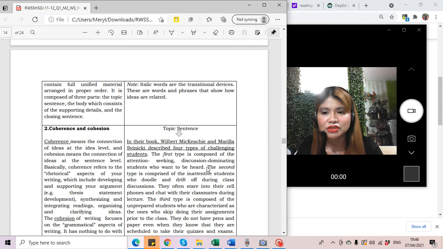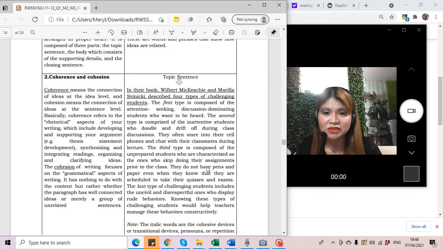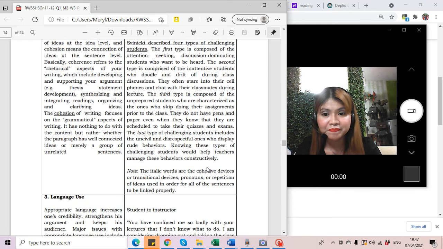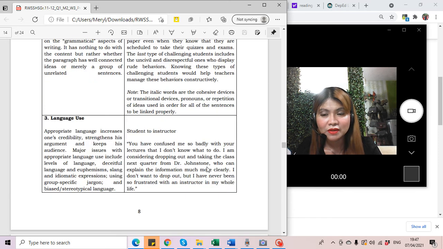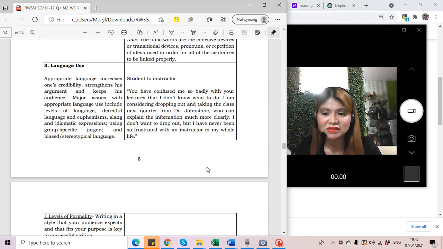What's the definition of coherence and cohesion? What do you mean by coherence? What do you mean by cohesion? Okay, so also read the topic sentence example for coherence and cohesion. Read the language used. What is it about? And read its example.